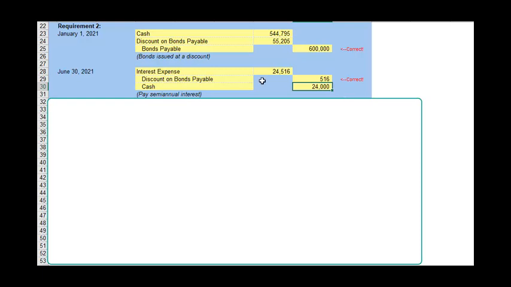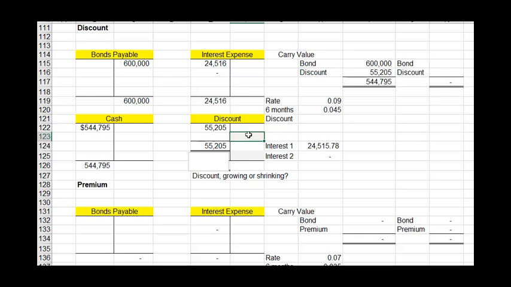Let's update our T account for our discount of 516. 516 is going to give us a new discount balance of $54,689. Note that discount started off with a debit balance, and we are crediting it and therefore decreasing it to $54,689.